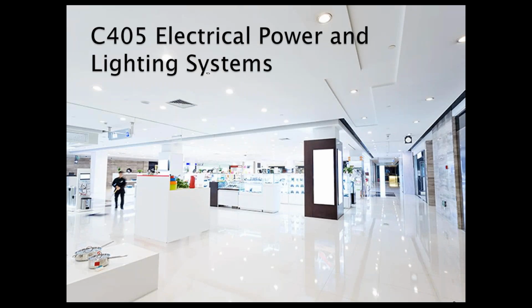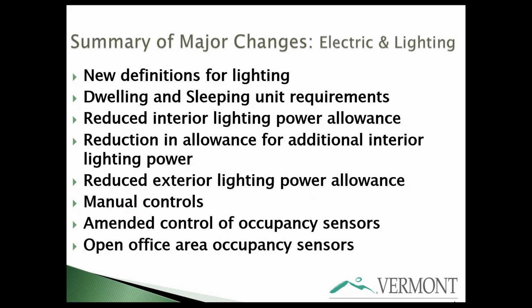So let's head in to C405, Electrical Power and Lighting Systems. Briefly, these are the topics we are going to cover. I should point out this training is not intended for those who are new to the Energy Code.